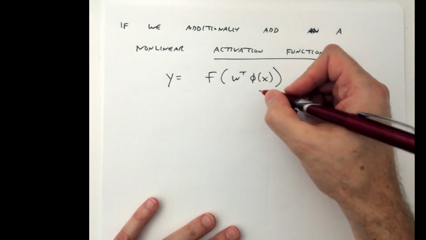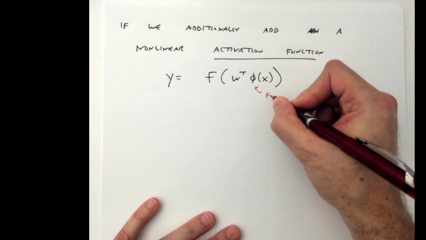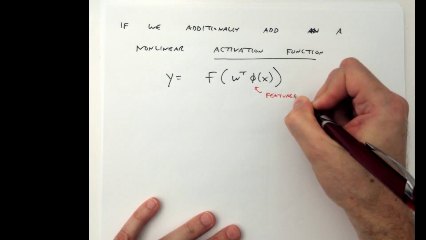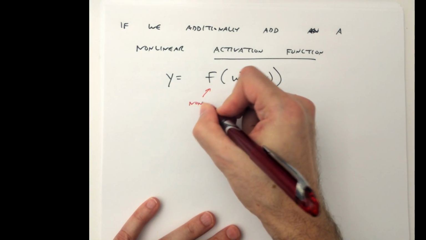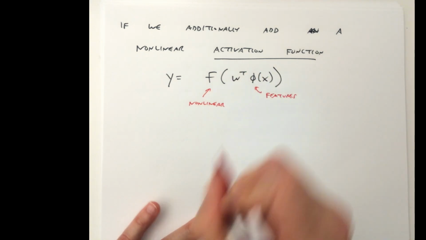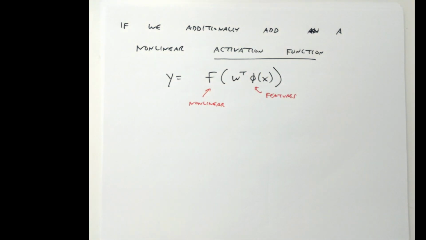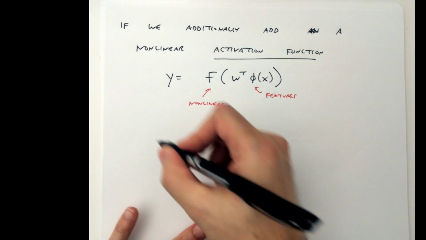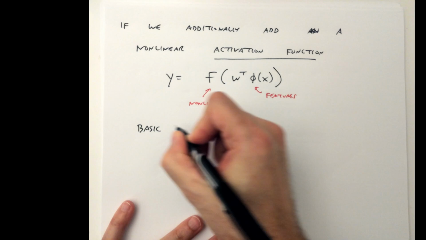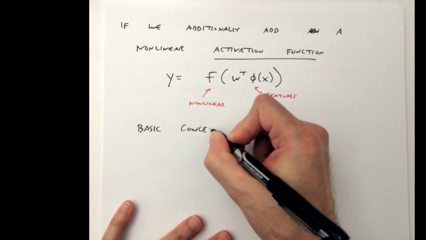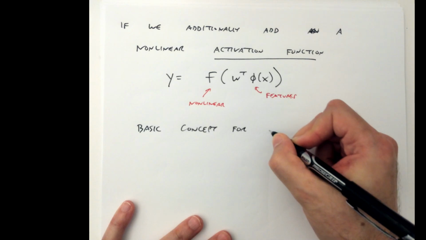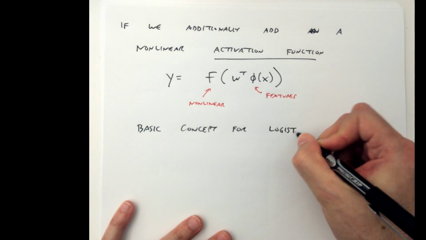So here, these are basically my features. This is some nonlinear function. So this is the fundamental building block of what we're going to talk about in the next lecture, and we're going to talk about with neural networks, right? So this is basically the basic concept for what we're going to talk about next time, which is called logistic regression.